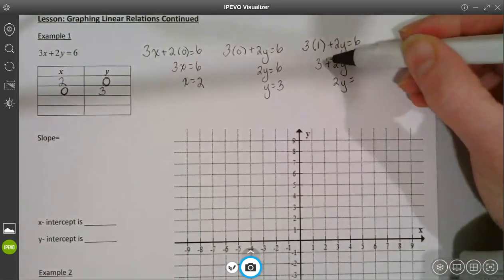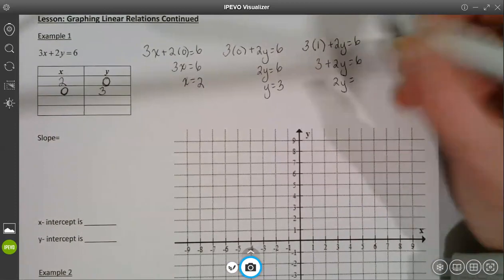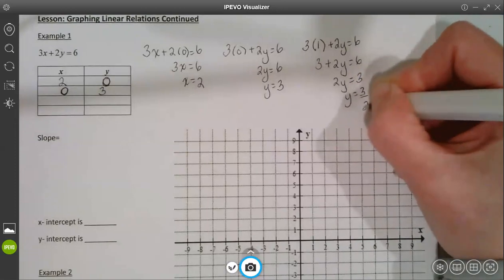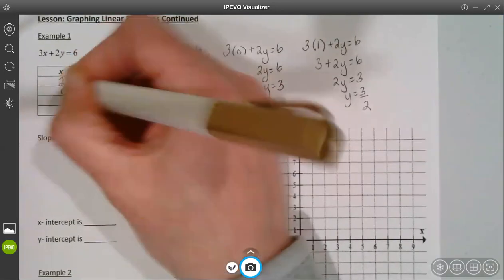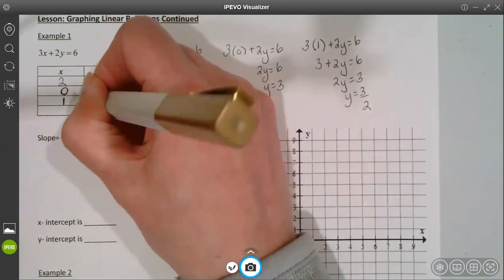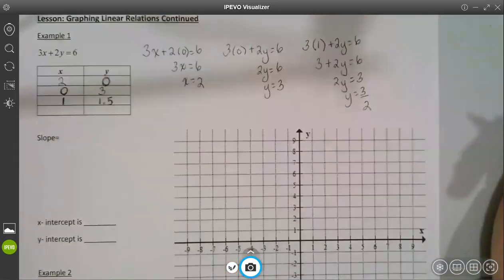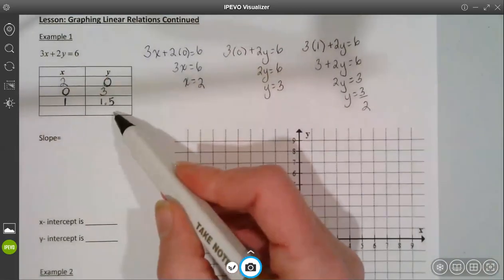When I transpose the 3 to the opposite side, it'll become 6 subtract 3, which leaves us with a 3. So y is equal to 3 over 2. So we go back to our table of values. When x is equal to 1, y is equal to 3 over 2, or I'm going to write that as 1.5 as a decimal.